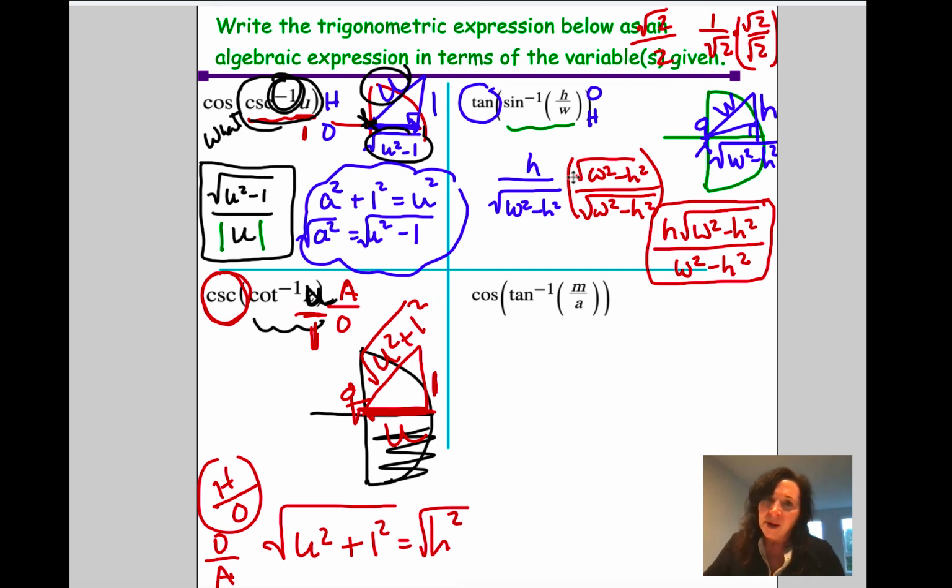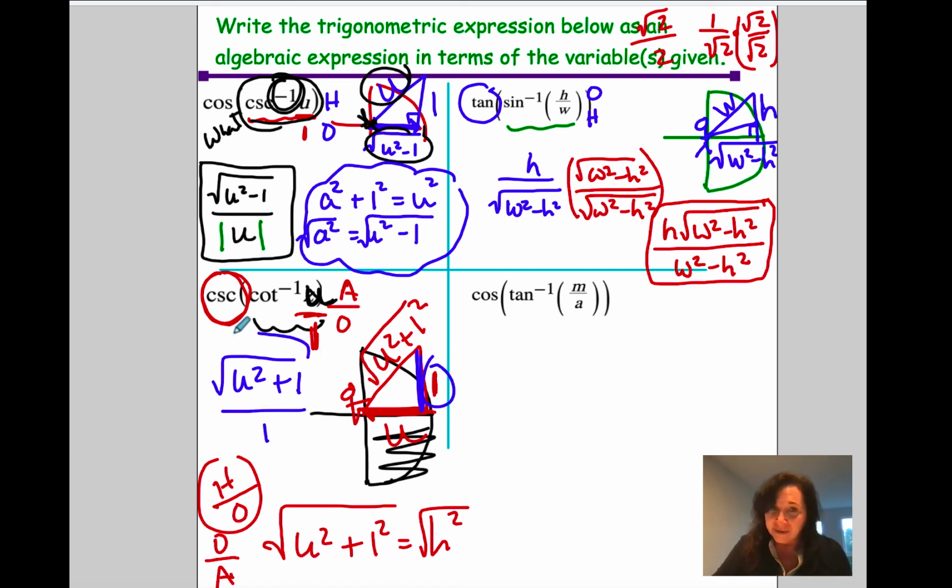So now I'm going to take my hypotenuse, which is the square root of u squared plus 1, and put that over the opposite side, which is 1. I don't really need to do that, and I can just leave the answer like this, because anything divided by 1 is still that value. The only thing I would change, and I know it's not required, is to note that the hypotenuse is always positive, never negative, okay?